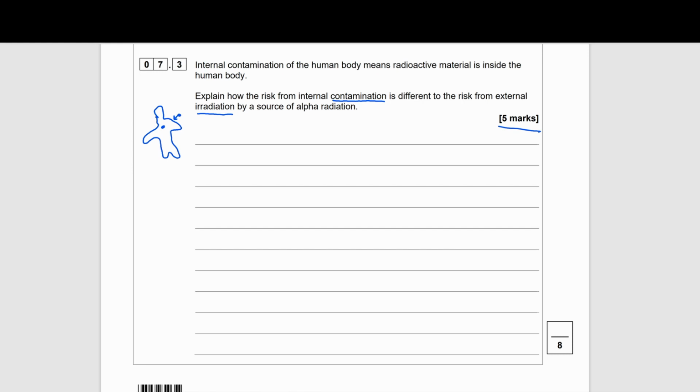And then contamination is where an unwanted object is put in somewhere else. So we have reminded ourselves about these terms. We now need to think about alpha radiation itself. So what do we know about alpha radiation? Well, we reminded ourselves already that it's 2 protons and 2 neutrons, but it's really the properties of it.